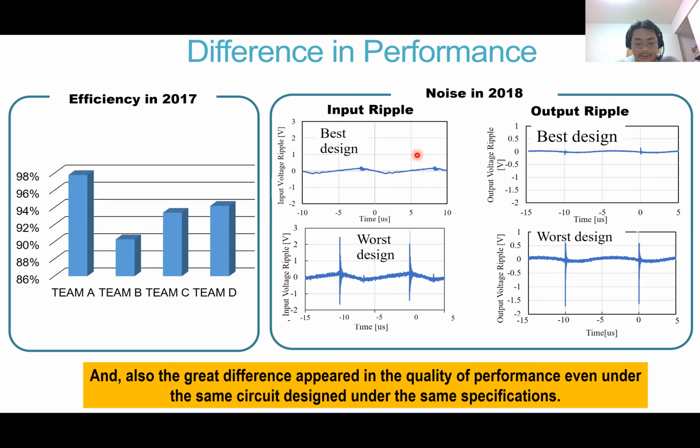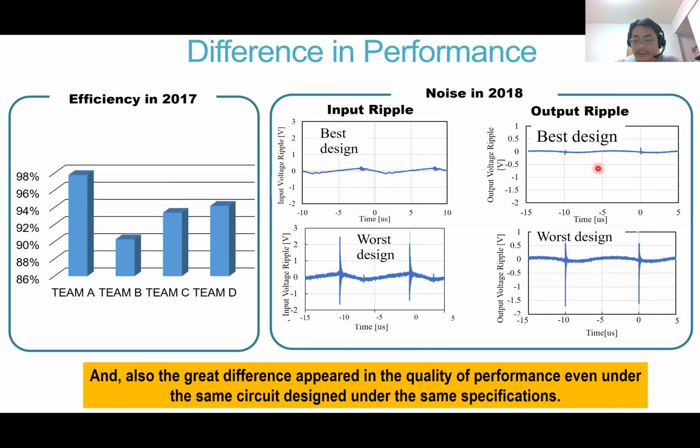This is an evaluation result of the noise voltage in the course held in 2018. This one is the voltage noise appearing in the input power supply, and this is the noise voltage appearing in the output voltage.